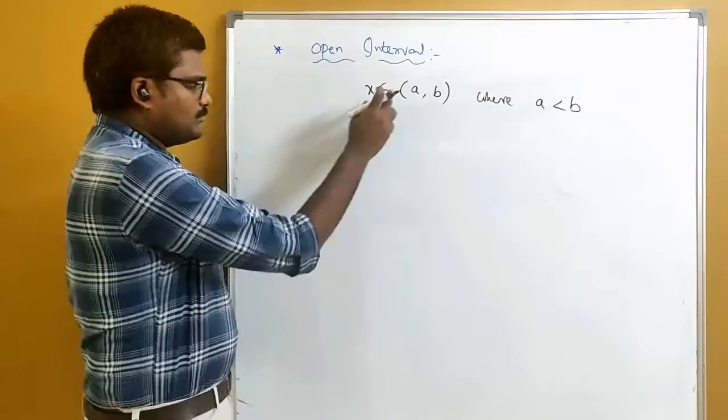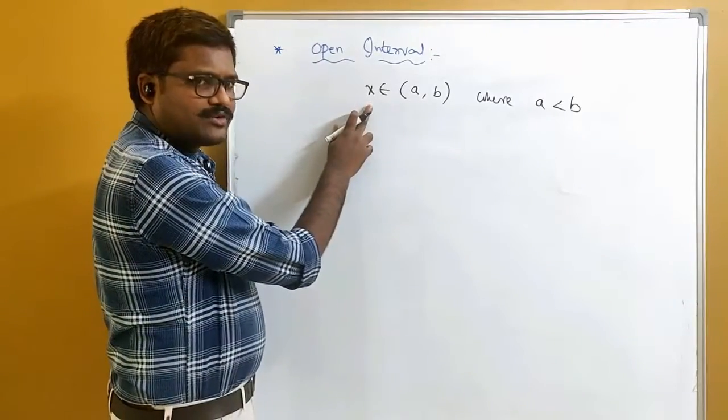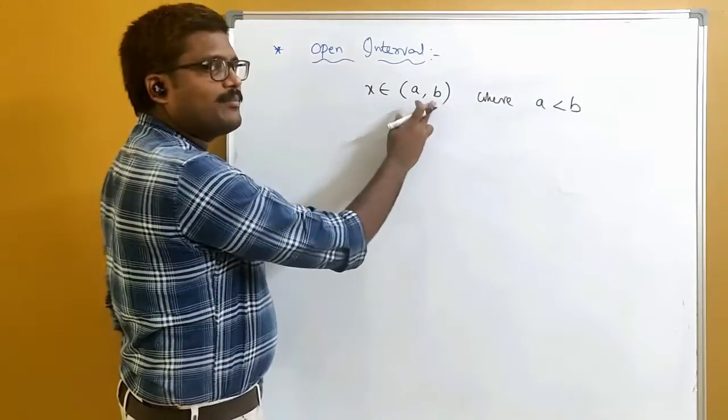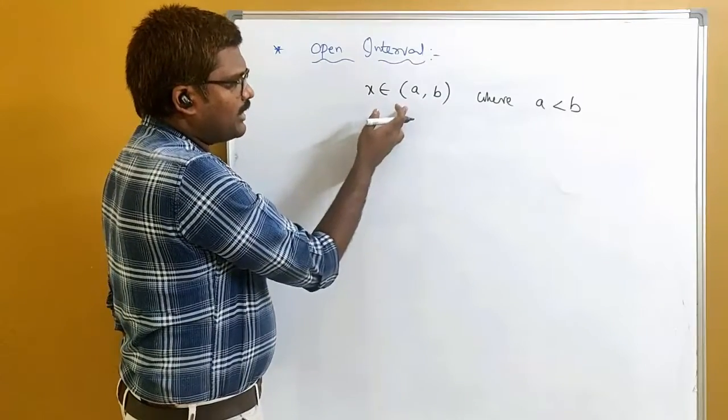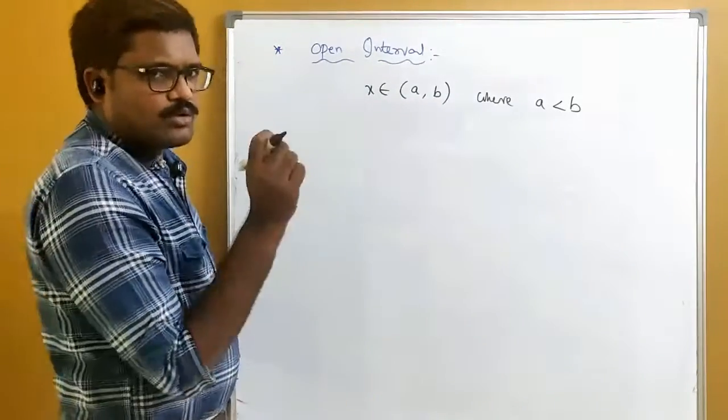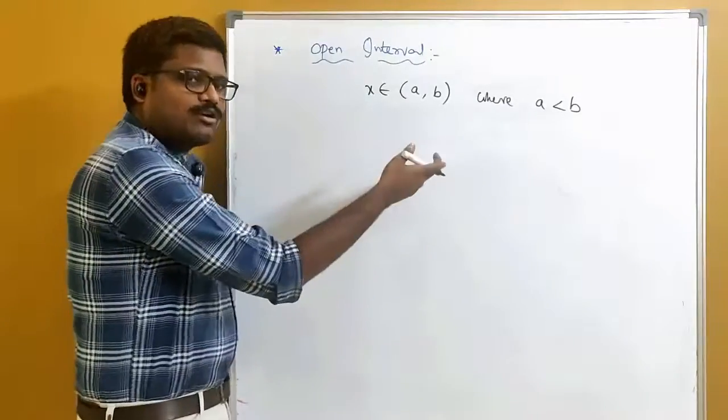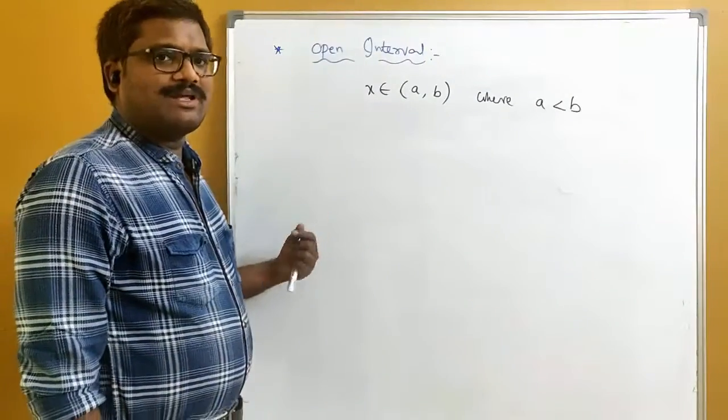Open interval means I take all the values of x between a and b, but I will not include a as well as b. So open means I will not include. Closed means I will include.